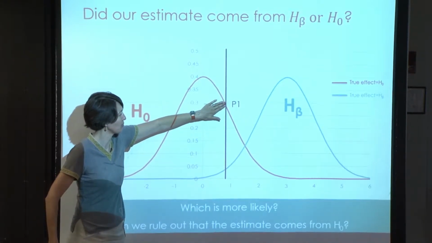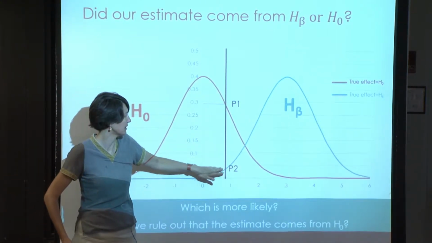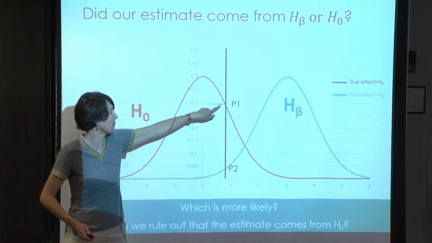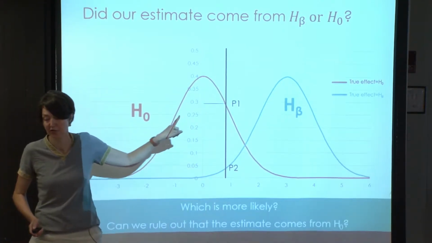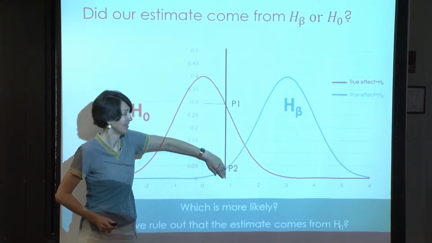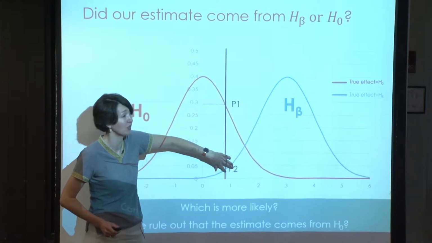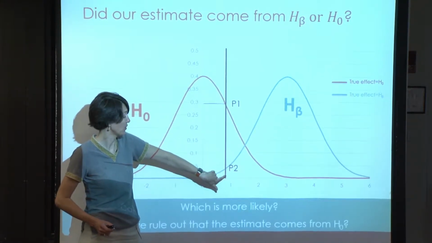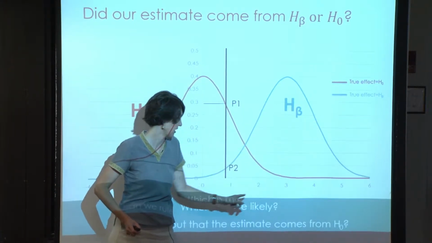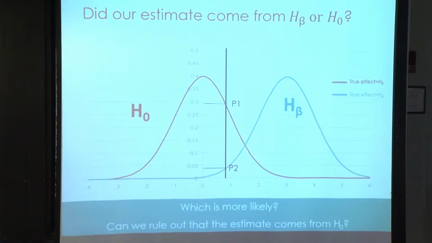This is the probability that it came from this distribution, and this is the probability that it came from the beta distribution. So it's a higher probability that it came from the 0 distribution, because there are more trials getting that outcome from this distribution, while only a few trials from the other would give such a low estimate. If the true effect was 3, you're very unlikely to get a 1 if you ran the trial.